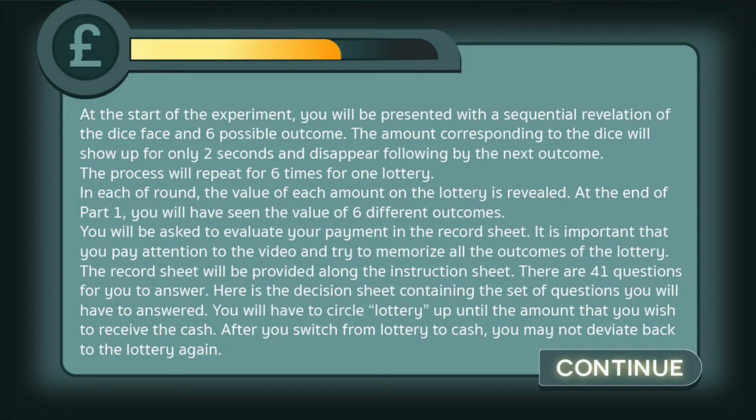At the end of part 1, you will have seen the value of 6 different outcomes. You will be asked to evaluate your payment in the record sheet. It is important that you pay attention to the video and try to memorize all the outcomes of the lottery. The record sheet will be provided along with the instruction sheet. There are 41 questions for you to answer.